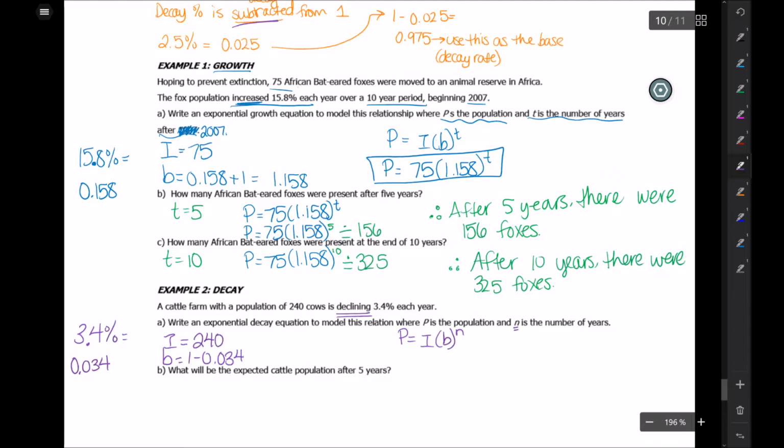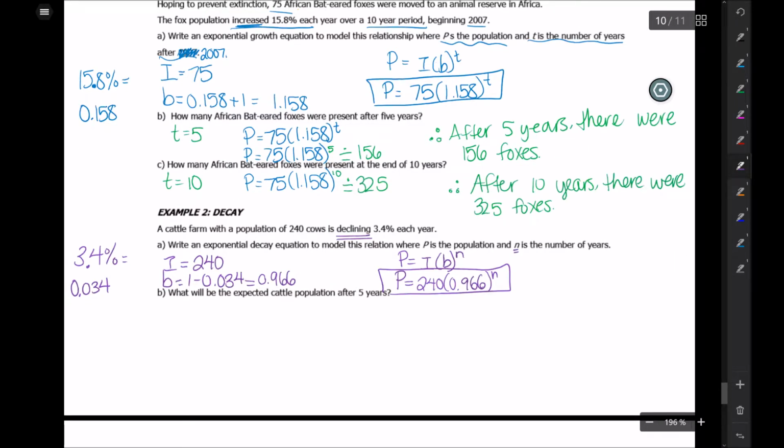So when I subtract 0.034 from 1, I end up getting 0.966. So right here I get 0.966. So when I write my formula out, the I is 240 times 0.966 all to the power of N. And that's what my equation is going to be.